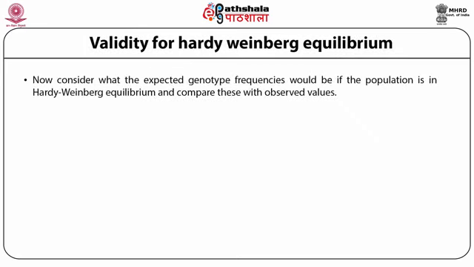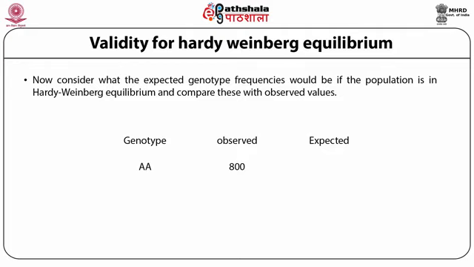Now consider what the expected genotype frequencies would be if the population is in Hardy-Weinberg equilibrium, and compare them with the observed values. For the genotype AA, we have observed 800 individuals. From the frequency of the allele, we know the expected genotype frequency would be p squared.